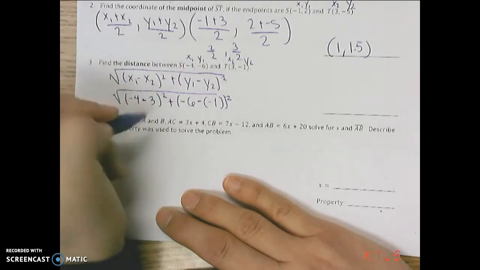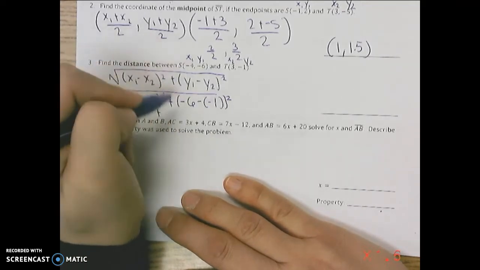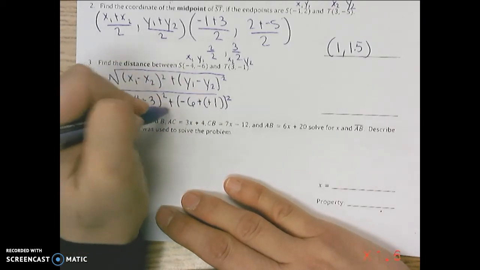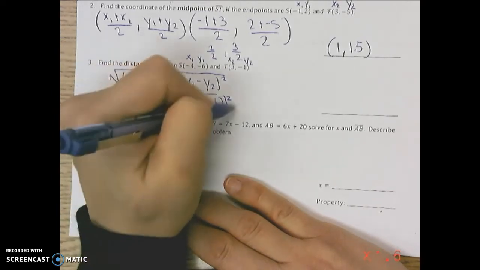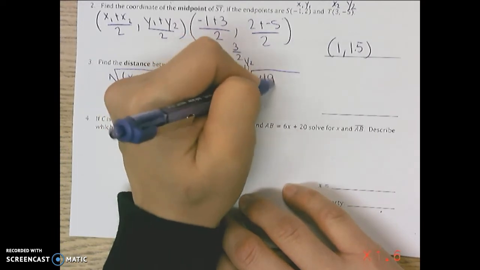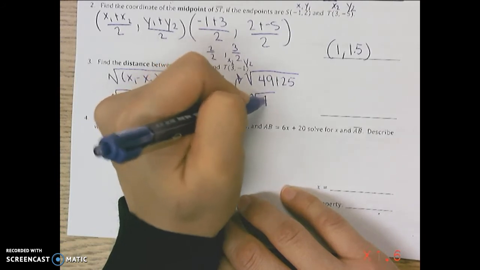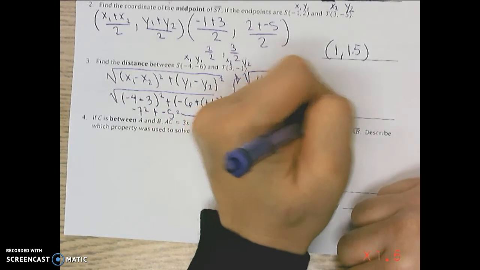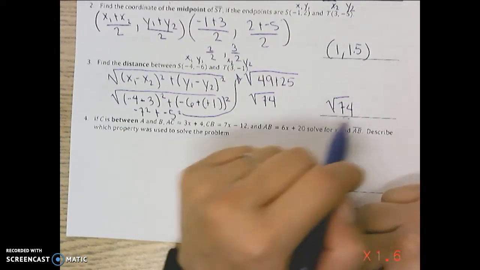I will end up with a negative 7 that needs to be squared, plus a negative 5 squared, because two negatives side by side become a positive. So bring this over here as I run out of room and have 49 plus 25, which equals radical 74. So the distance between these two points is radical 74, and you can leave it as a square root. That is totally fine.